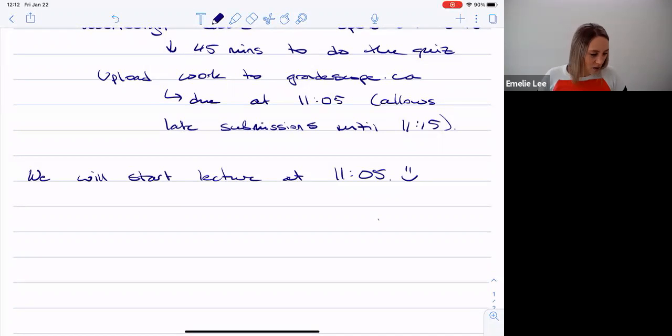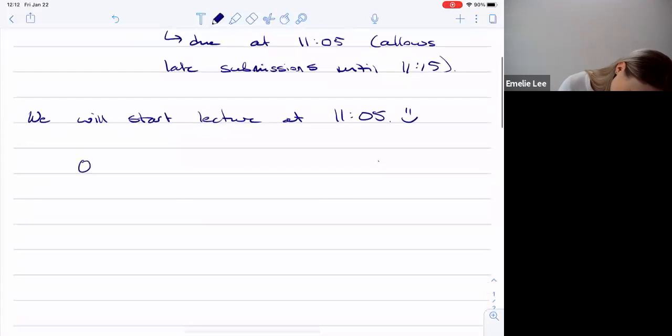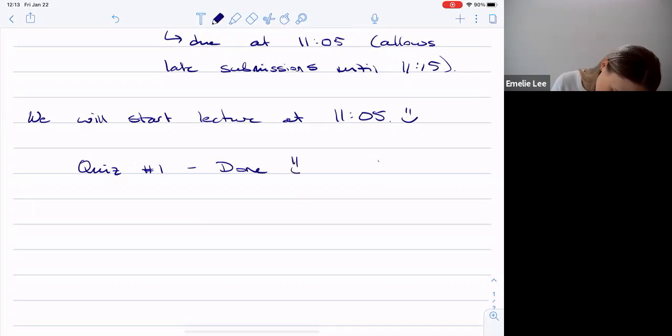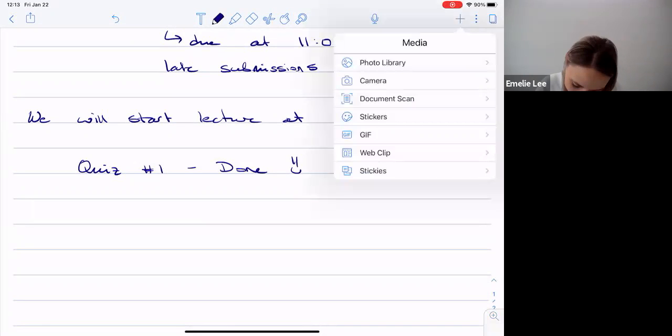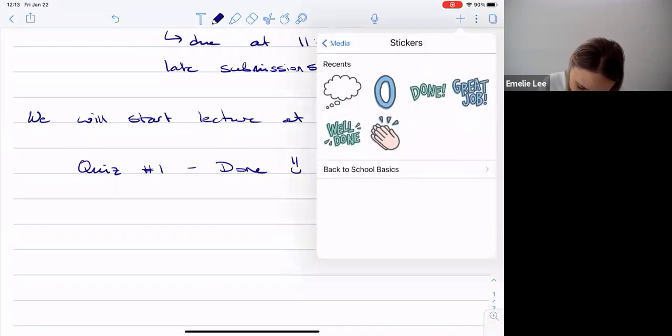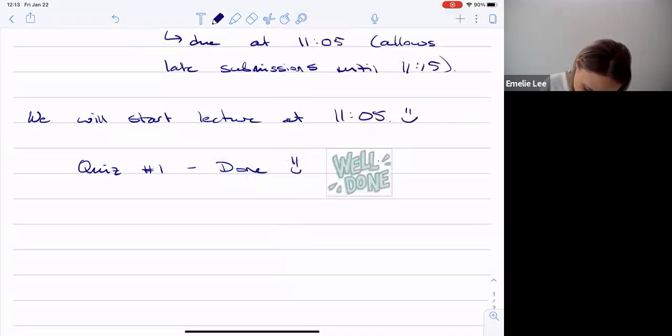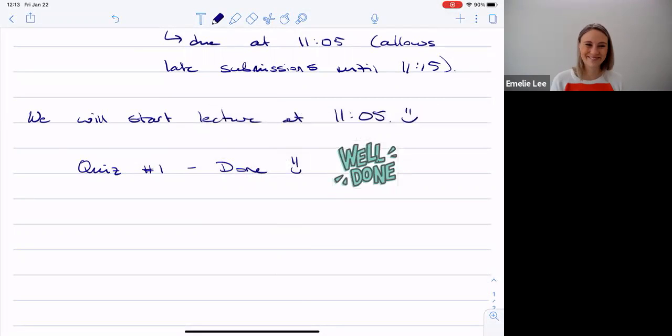All right, so quiz number 1. Done. Oh, that's a weird smiley face, isn't it? Whee. Oh, I almost forgot. I have these fun stickers. Well, maybe we'll do well done. Cute.